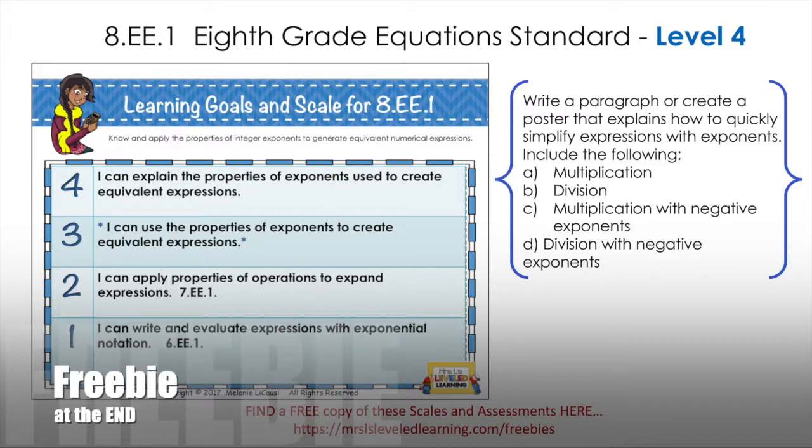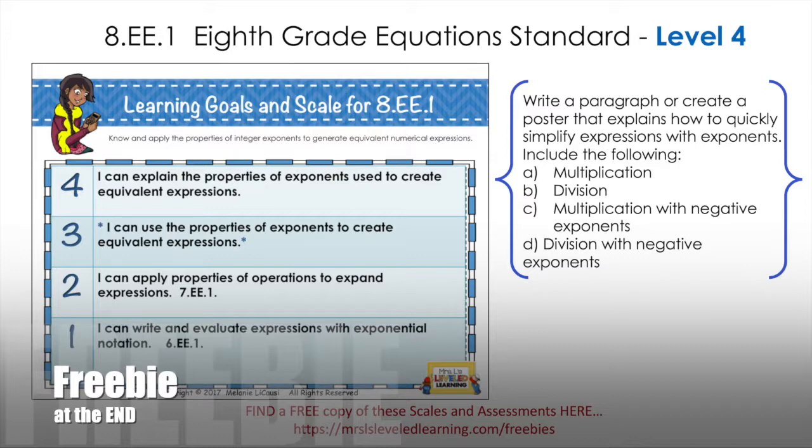Write a paragraph or create a poster that explains how to quickly simplify expressions with exponents. This means students would have identified the rules for multiplying and dividing, multiplying with negative exponents, and dividing with negative exponents.